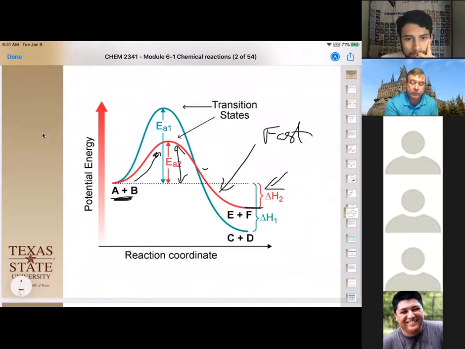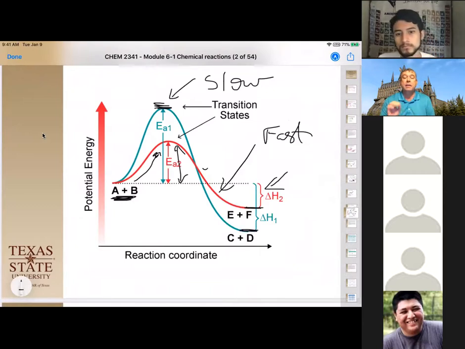Now, what if it went through a different transition state? We could change A and B such that it took a higher activation energy here. So now this is a slower reaction because of that higher activation energy. However, the products ended up being at a lower potential energy. So it's a slower reaction, but it's more thermodynamically favored.